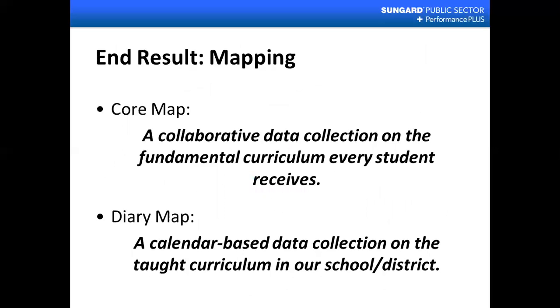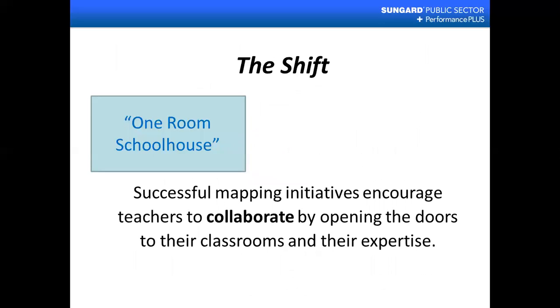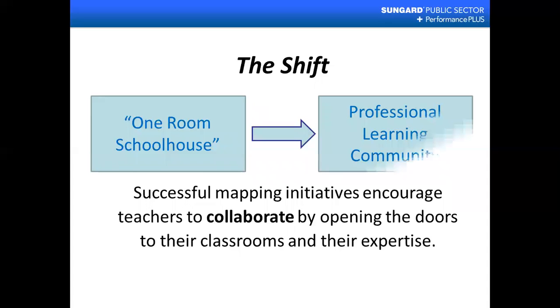The end result is a collaborative data collection of the fundamental curriculum every student receives, whereas the diary map is the individual data collection on what is actually taught in each of our classrooms. So we have a shift from going into our classroom, shutting the door, and instructing, to being able to collaborate and open our doors to provide that professional learning community amongst our staff.